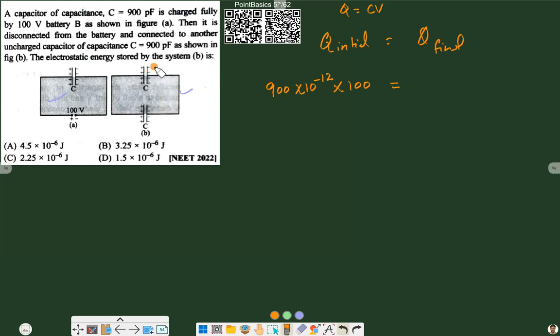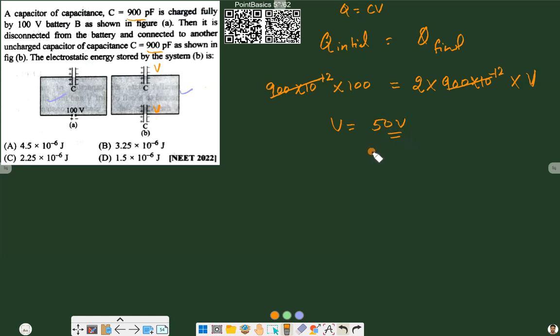So suppose that potential is equal to V. So potential of both of these capacitors is V. So charge of first capacitor will be CV and charge of second capacitor is also CV, because potential is equal and capacitance of both of these is also equal. So CV plus CV, so we can say 2CV, and the value of C is again 900 into 10 raised to power minus 12 into potential V. So in this 900 gets cancelled and V comes out to be 50 volt.